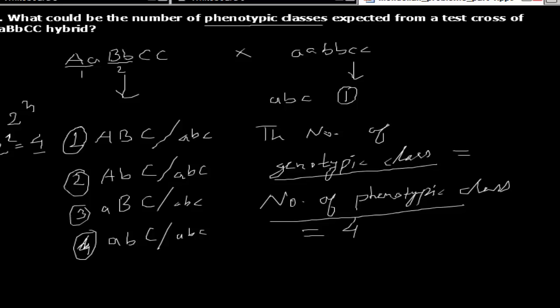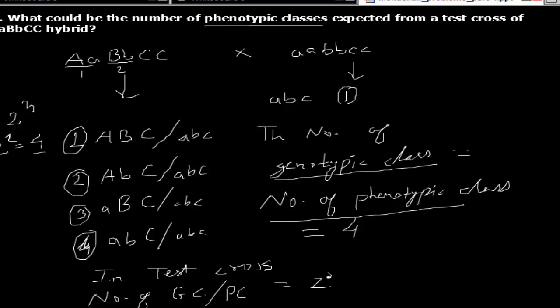Or we can also write down that in test cross, number of genotypic class or phenotypic class is equal to 2 to the power n, where n is equal to number of heterozygotes.